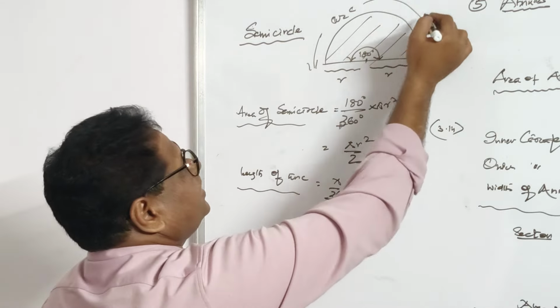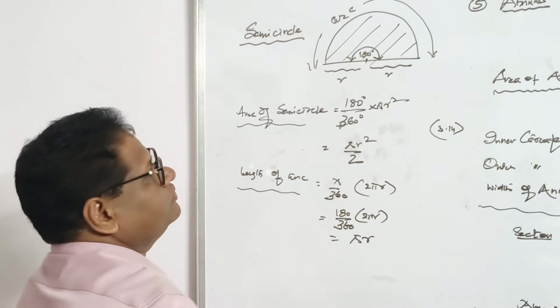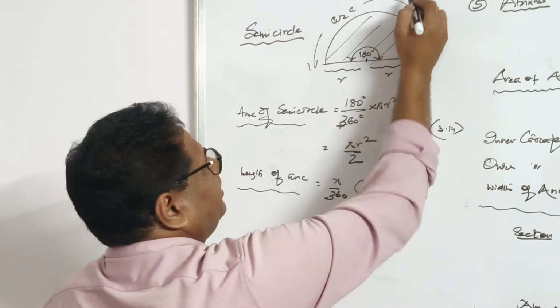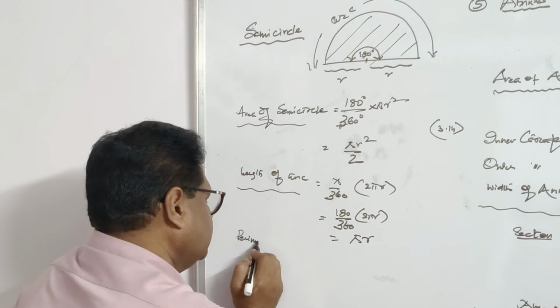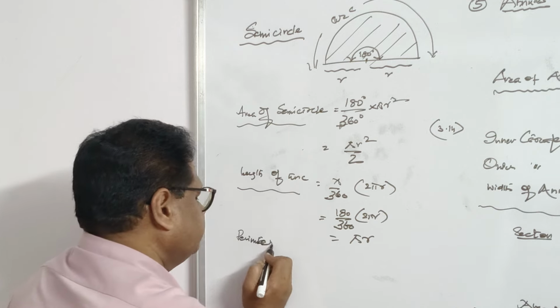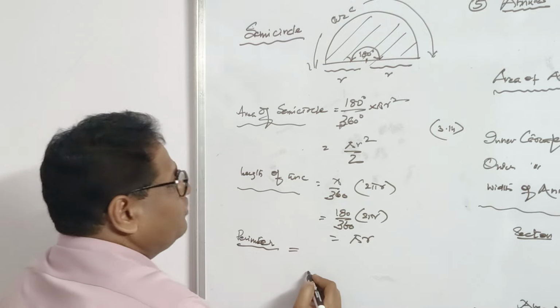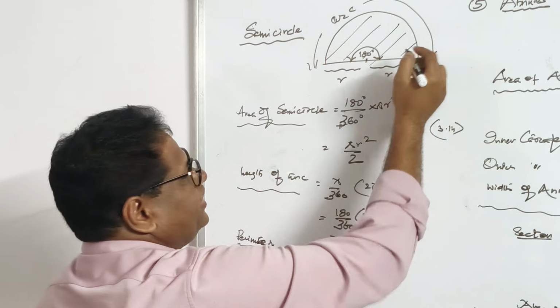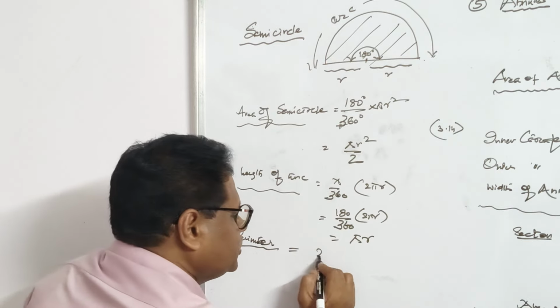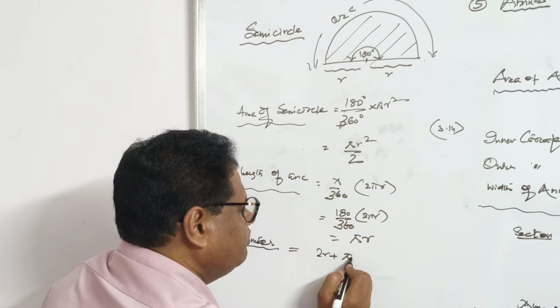That means the length of this arc is simply pi r. Now let us assemble these two under the heading perimeter. So perimeter of a semicircle, that means this whole length of arc plus this straight boundary, is 2r plus pi r.